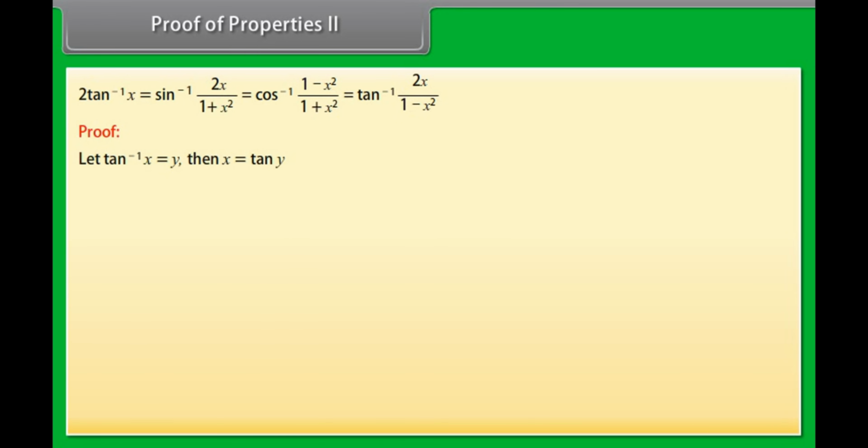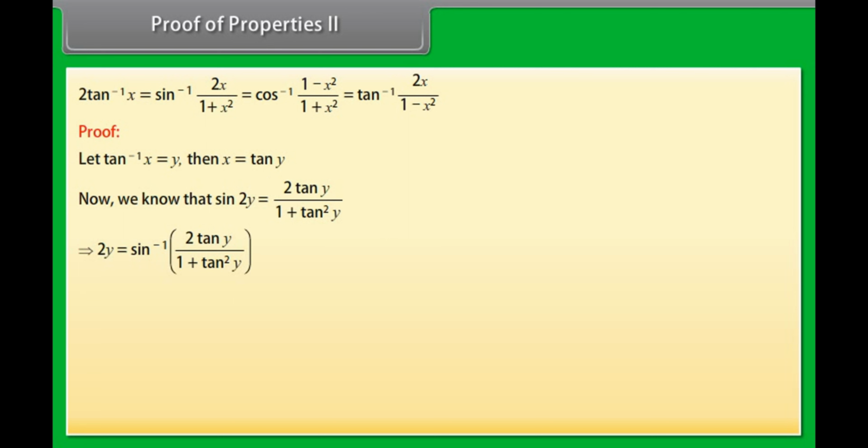Let tan inverse x be equal to y, then x is equal to tan y. Now, we know that sin 2y is equal to 2 tan y by 1 plus tan square y. It implies that 2y is equal to sin inverse 2 tan y by 1 plus tan square y.